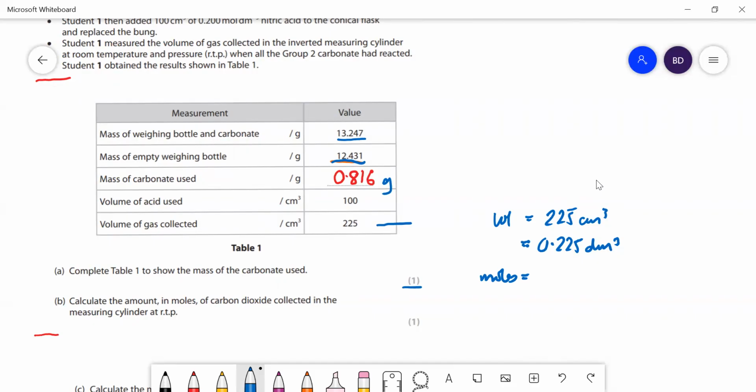So the moles of carbon dioxide is going to be 0.225 dm cubed divided by the volume of 1 mole, 24. That is equal to 9.375 times 10 to the minus 3 moles of CO2. That is the number of moles of carbonate we've got.